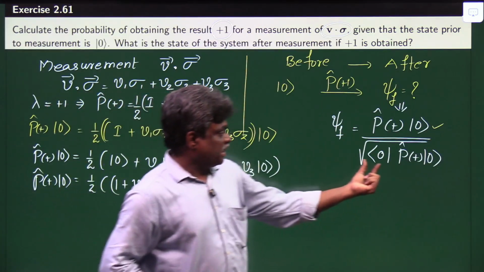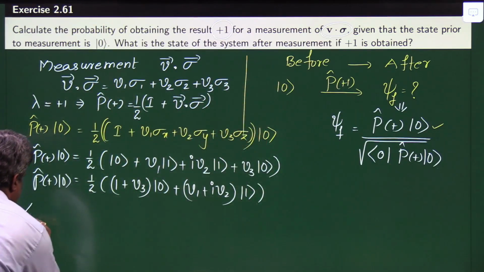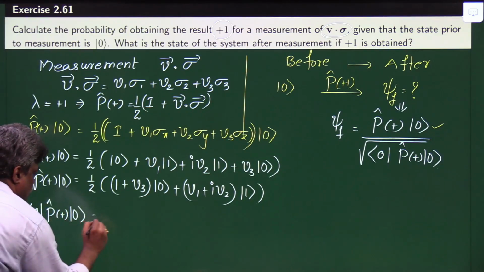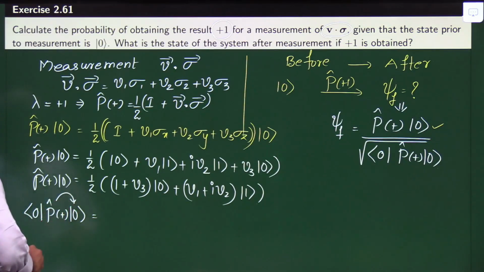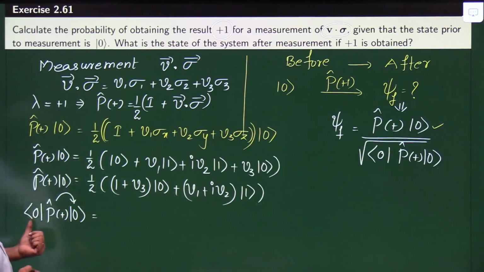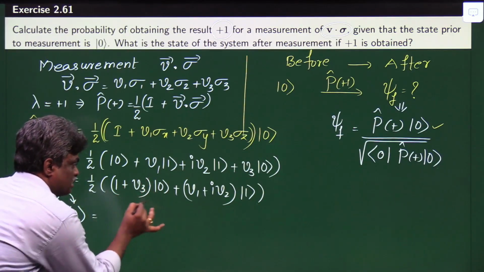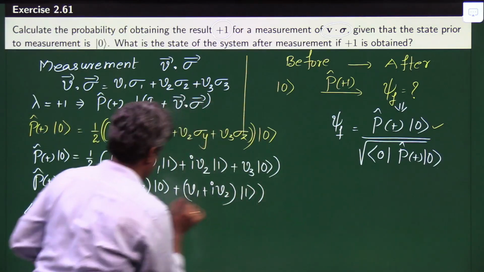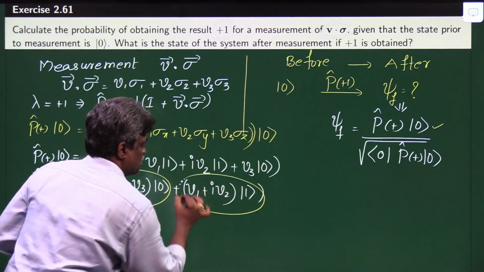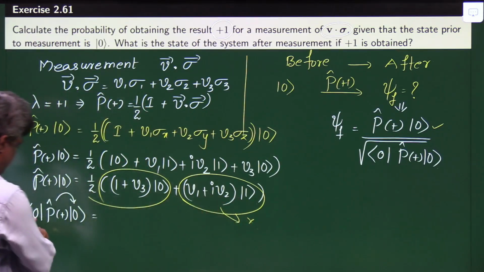Now we would like to find the denominator. That is nothing but the expectation value of P plus. So already we know what P plus operates on ket 0 gives, this much. And we have to multiply this entire state with the bra 0. Whenever you multiply it with the bra vector of 0, this term remains, but this term will be 0, because this is ket 1 and here it is bra 0.